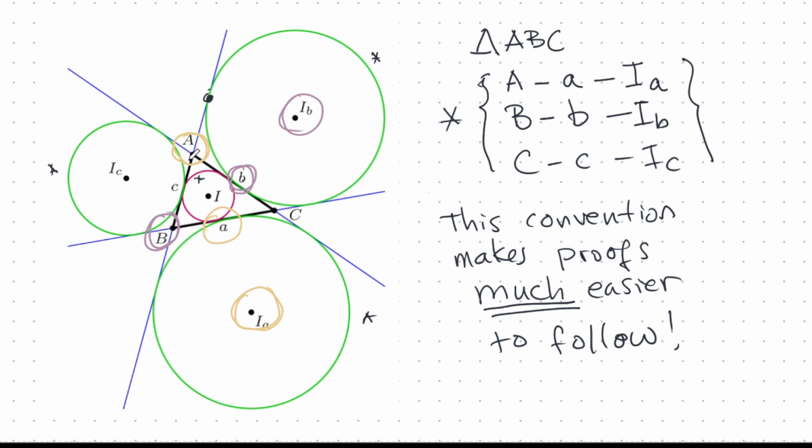This is tangent to side C here, tangent here to side B, right about here, tangent here to side A. This is side C, this is side B, this is side A. You just have to get used to following along, and it makes perfect sense. Okay, so now that we know about incircles and excircles, in the next couple of steps, I'm going to prove a few very important things about the incircle.